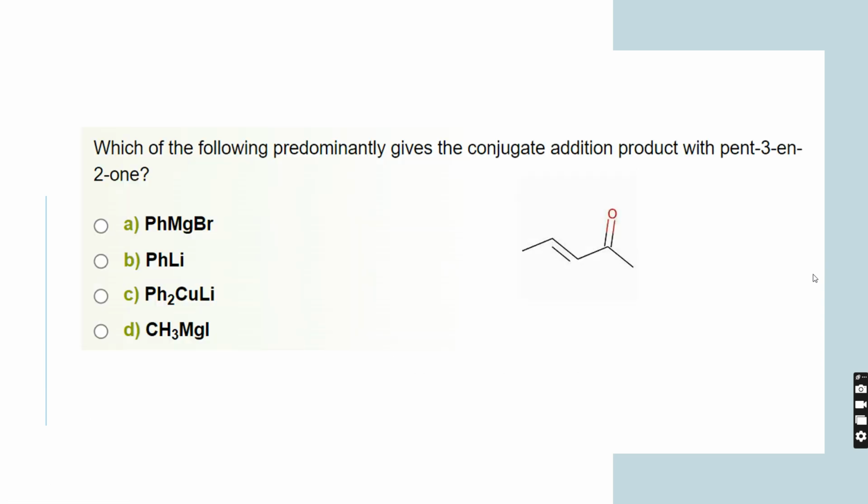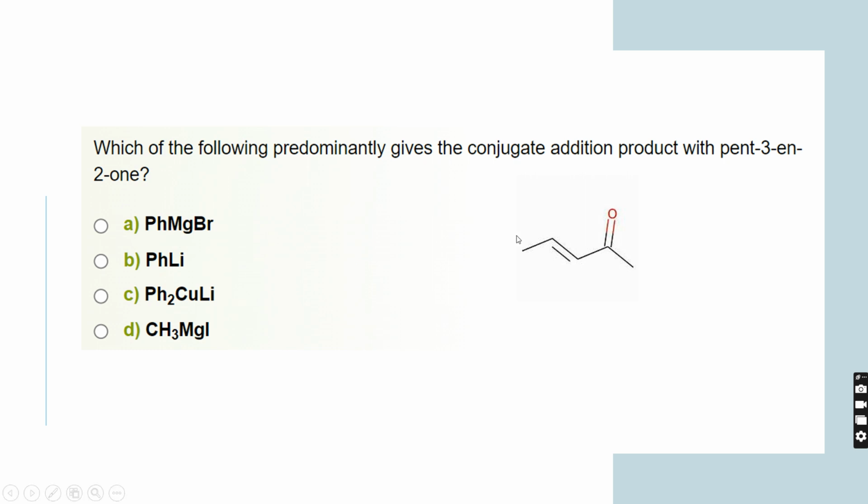This is also a similar question on the same concept. Which of the following predominantly gives the conjugate addition product with pent-3-en-2-one? The same substrate you have now, and out of these four reagents, you are asked which one will predominantly give you the 1,4 addition product.